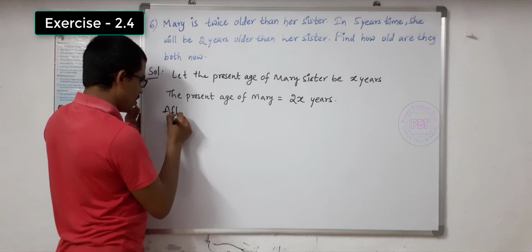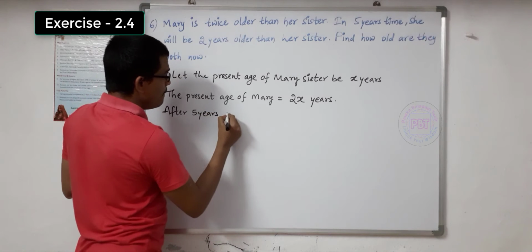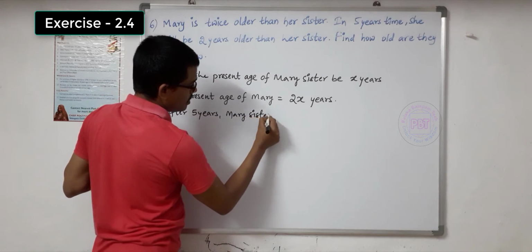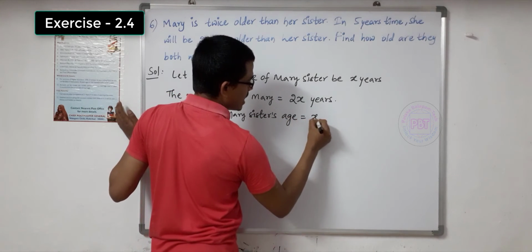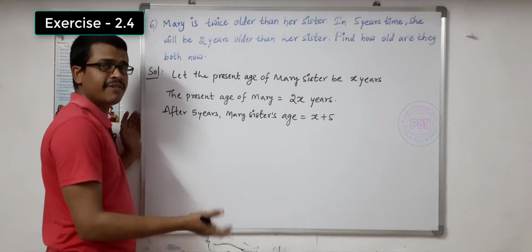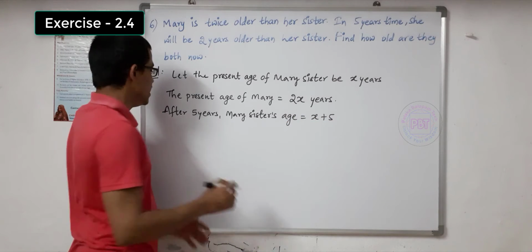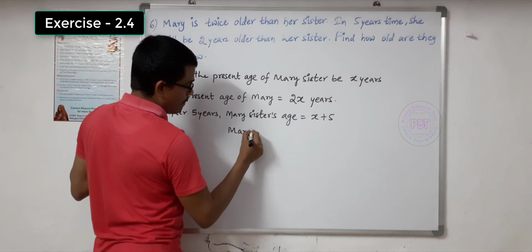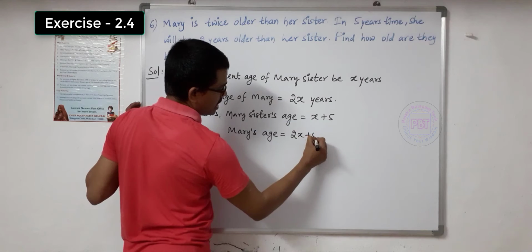After 5 years, Mary's sister's age equals x plus 5. The present age will increase by 5. Why? Because after 5 years we are writing the age. So that is x plus 5, isn't it? Yes. After 5 years, Mary's age equals 2x plus 5 years.